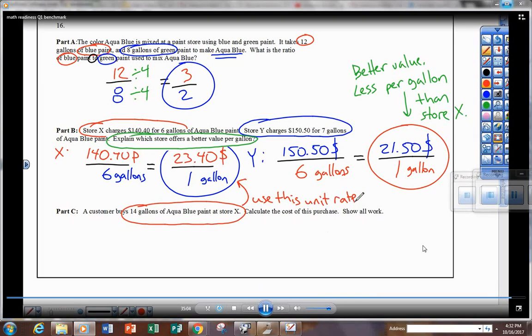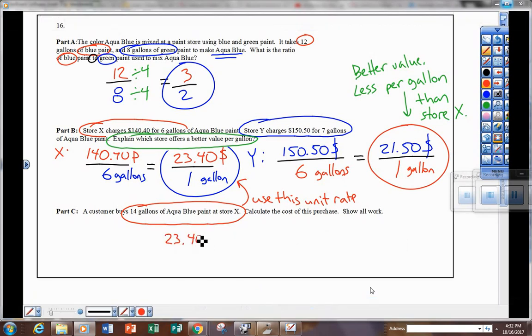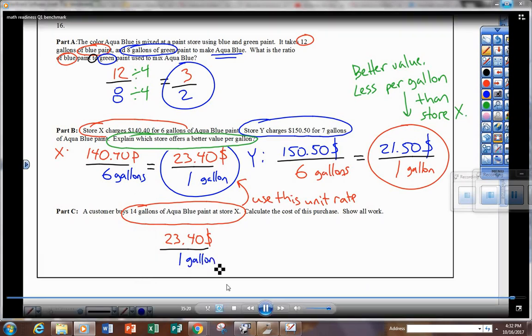So 23.4 over 1 gallon, because again, that is the unit rate for store X, $23.4 over 1 gallon times 14 gallons.